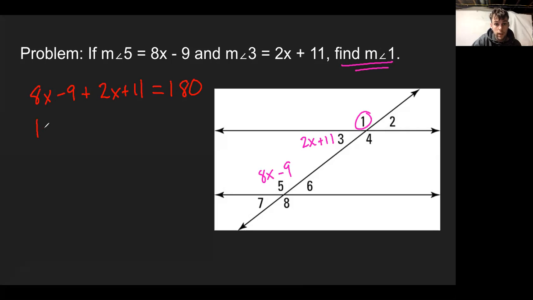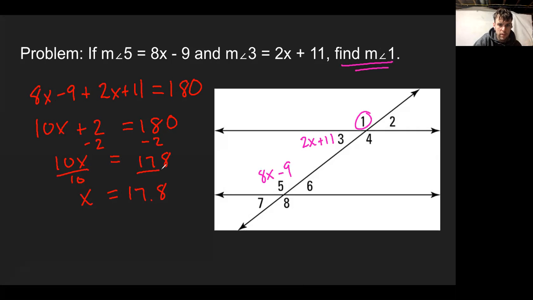Simplifying this a little bit, we get 10x plus 2 equals 180. Subtract 2, subtraction property of equality, we get 10x equals 178. Divide by 10, division property of equality, dividing both sides. Okay, 17.8.